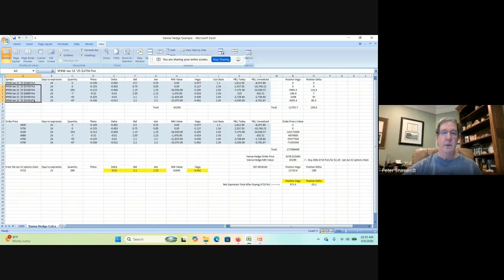Remember, when I'm adding in the Vanna hedge position, I'm essentially just turning everything into a vertical. So once that happens, this acts like vertical spreads in this expiration.